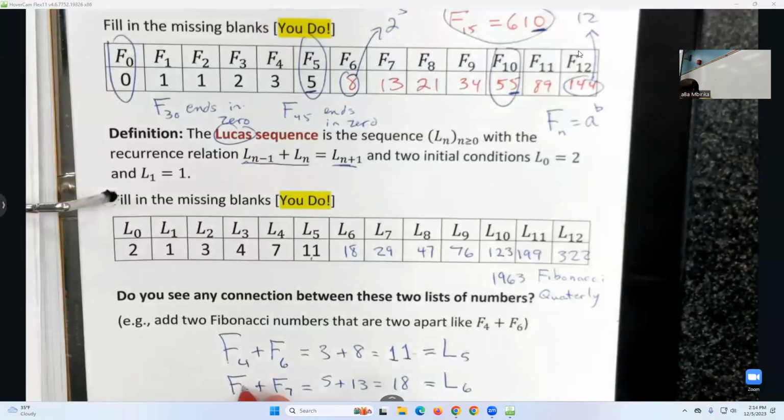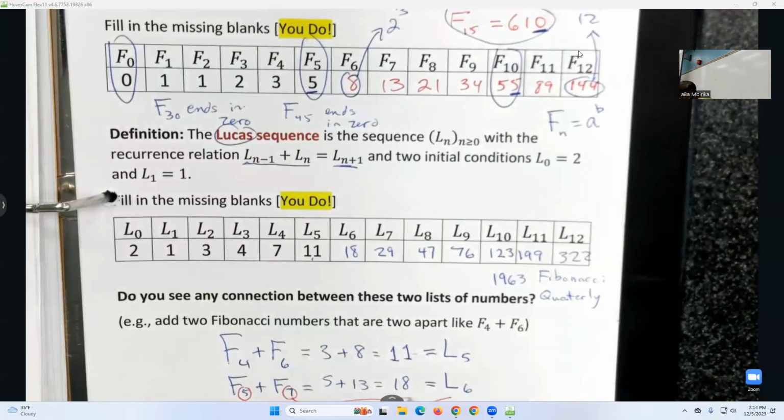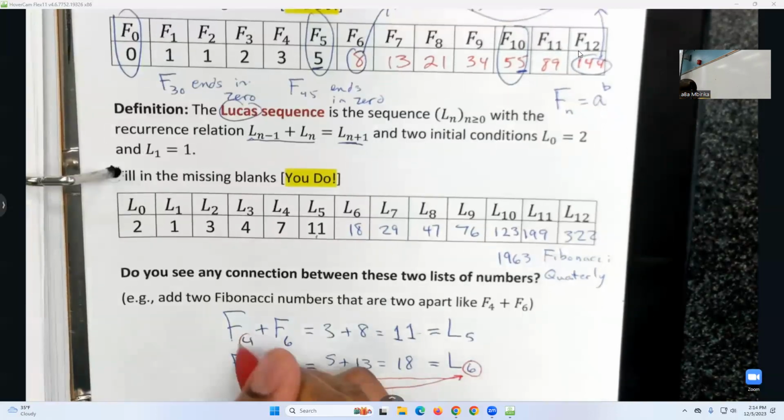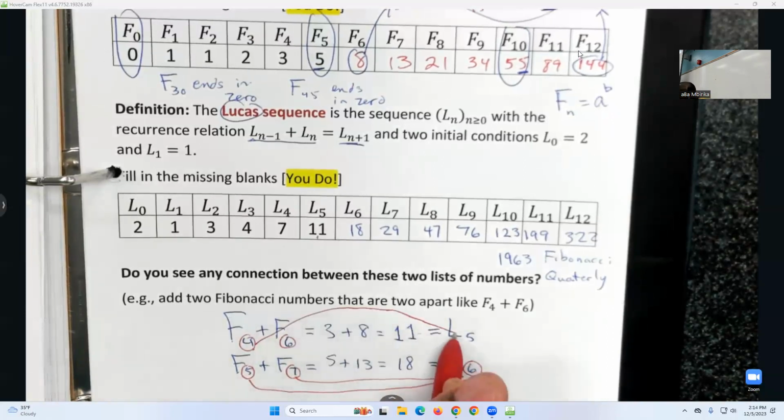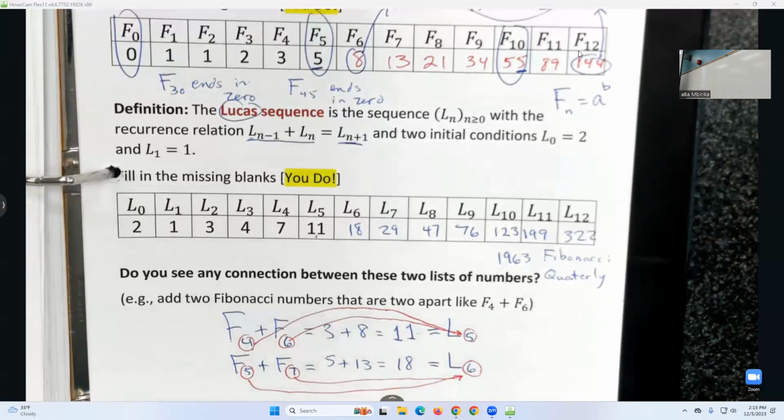So we have this interesting, somewhat eerie connection. We have the subscripts 5 and 7 here, and the subscript for L is the number right in the middle. Same thing with the 4 and the 6: between the 4 and the 6 is the 5.